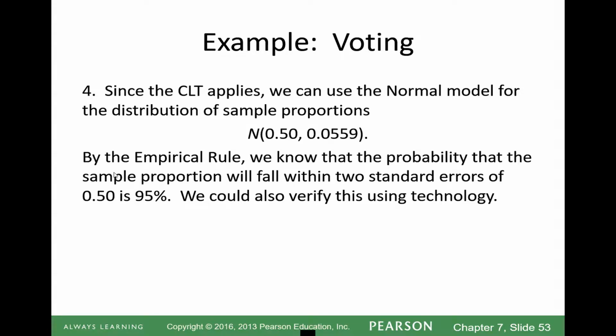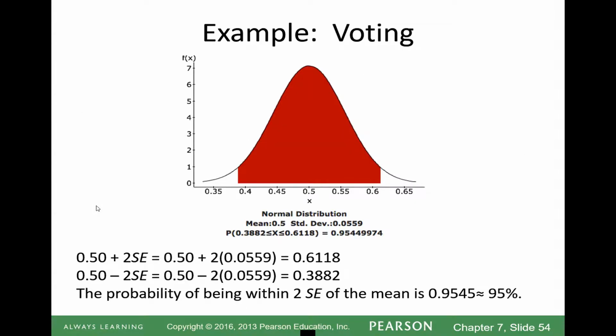By the empirical rule, remember that the probability that the sample proportion will fall within two standard errors is 95%.